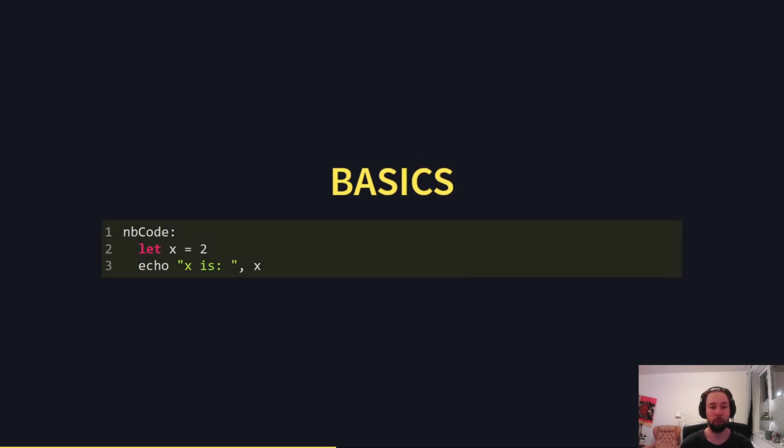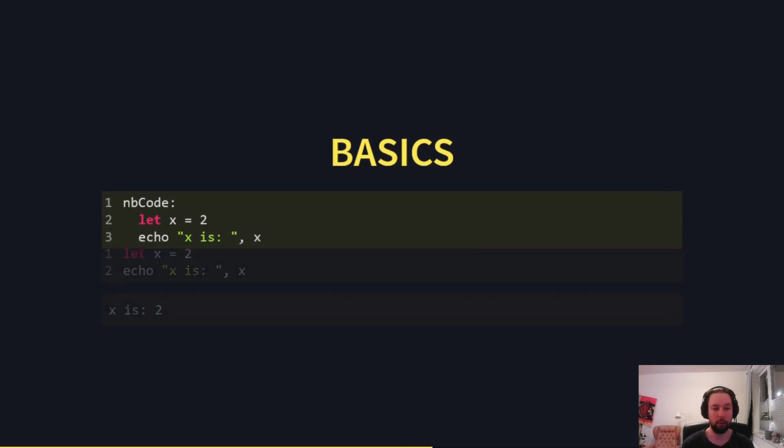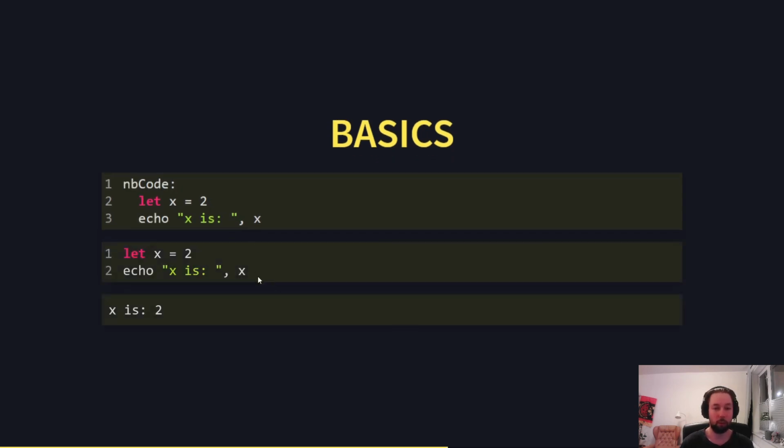And then you can also show code. And using the NBCode template, you can then provide the code block that you want to show, and Nimib will show both the code block and the printed outputs from it, like this. Here we have the code block, and here we have what was printed in it.